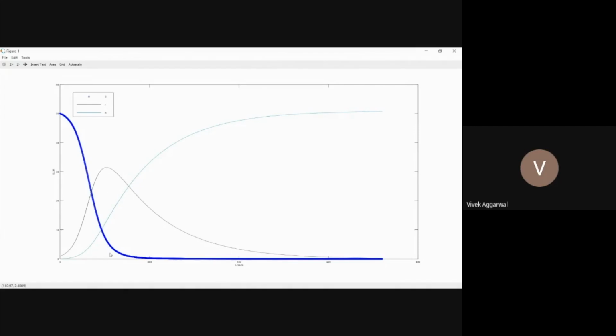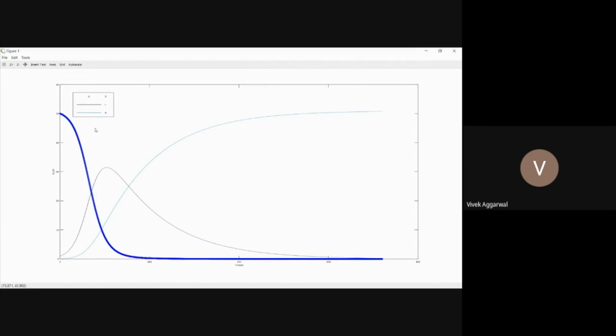So you can see from here that almost up to 100 hours it increases, and then it starts decreasing, because up to 100 hours the people start getting recovered also.